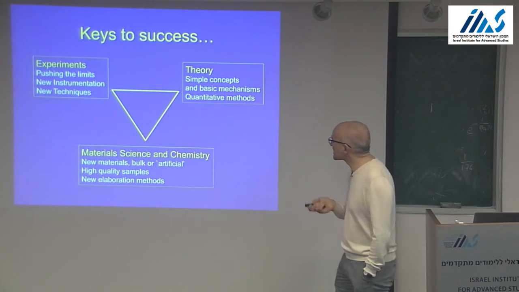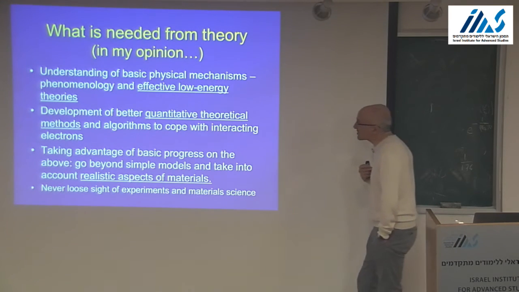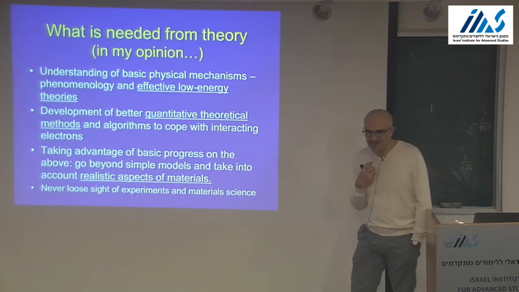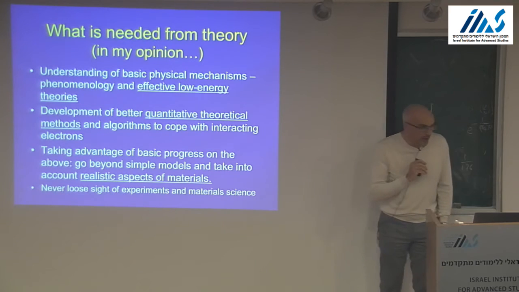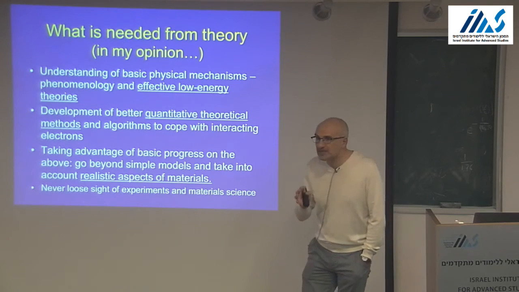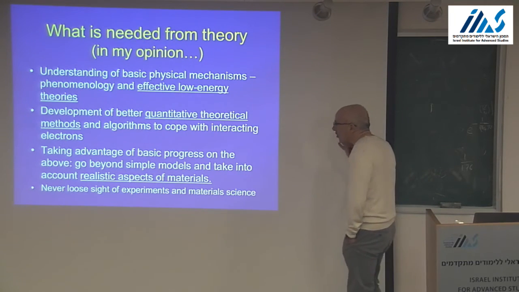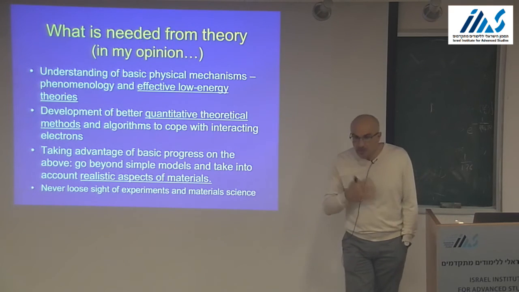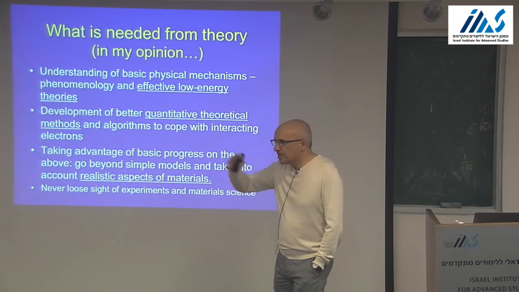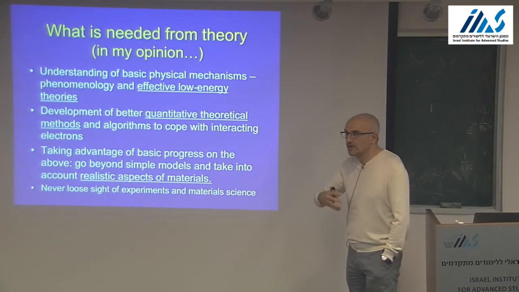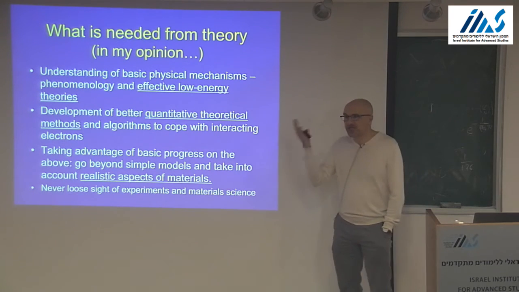So what we can ask of theory is several things. Of course, understanding basic physical mechanisms and constructing effective low energy theory. I'm also a theoretical physicist. I believe in effective low energy theories. But my point of view is that this is not quite enough, and that it's also very valuable to develop quantitative theoretical methods, including computational ones, that can come to grips with the models and hopefully even more realistic models of the materials we are interested in by matching low energy and high energy.